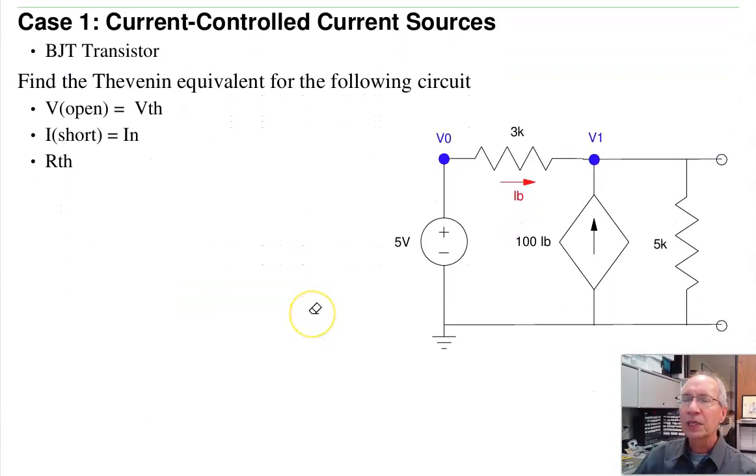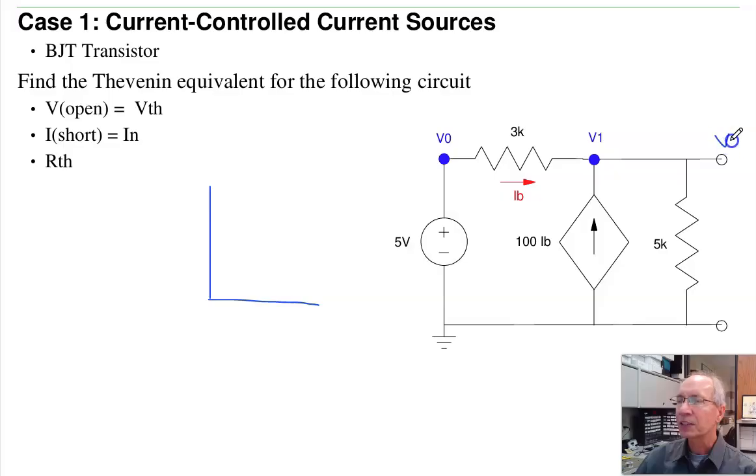So let's start out with a current-controlled current source. Again, this is a BJT transistor when you take electronics. For now, it's just a circuit element. Suppose I have this circuit. Find the open circuit voltage, the short circuit current, and the Thevenin equivalent. Being a linear circuit, I know it's going to look like something like this.